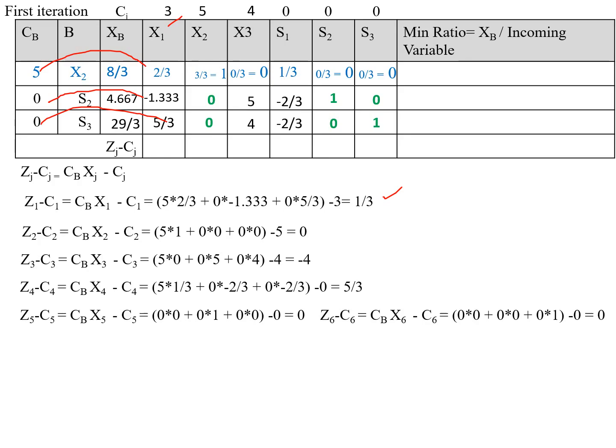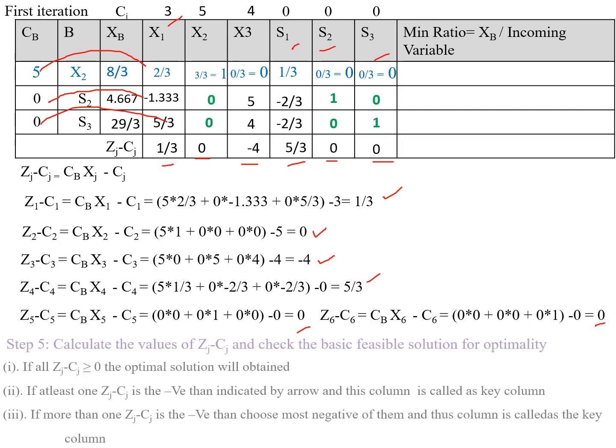Similarly for the x2 variable it is 0 and x3 variable it is minus 4 and the s1 variable it is 5 by 3 and the s2 variable it is 0 and the s3 variable it is 0. Here Zj minus Cj values are 1 by 3, 0, minus 4, 5 by 3, 0, 0.